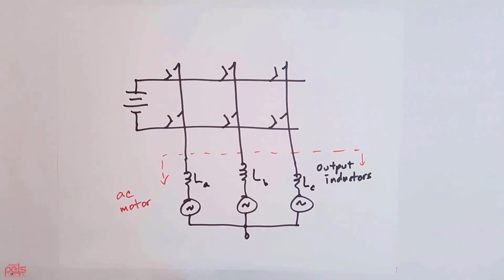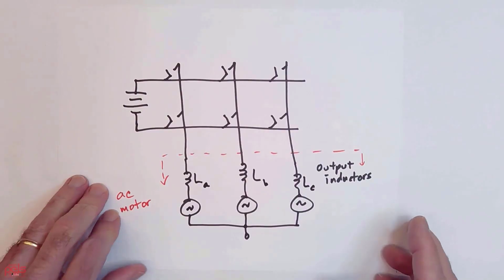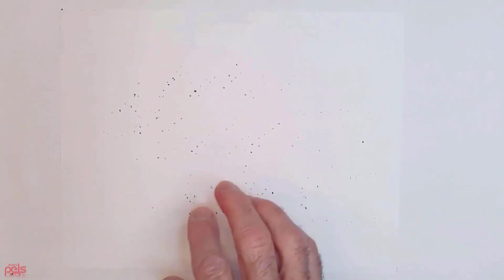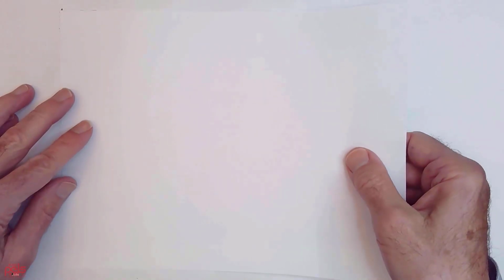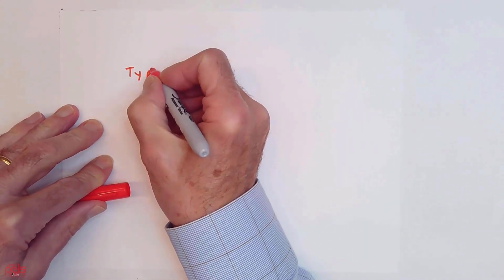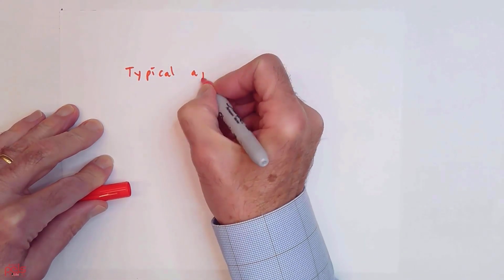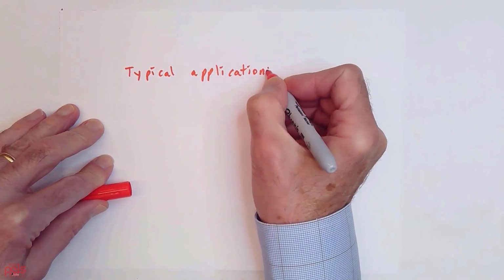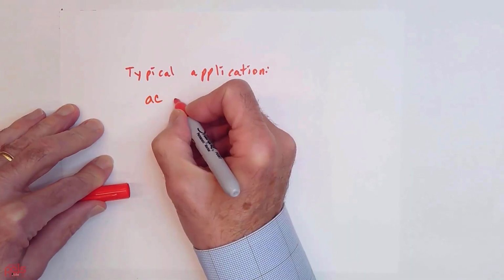They may be internal to the actual device, such as a motor. Now, what that also implies immediately, and let's grab another slide here, is that a typical application is an AC motor drive.